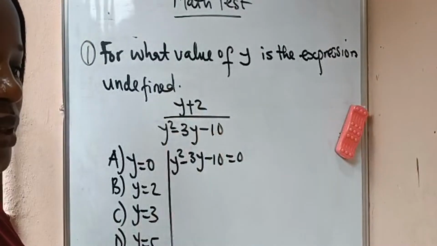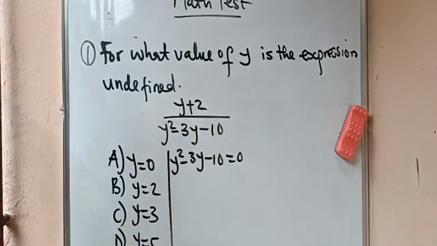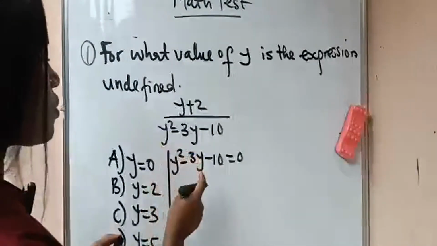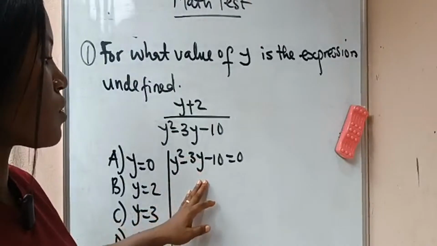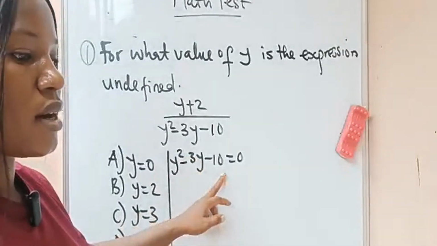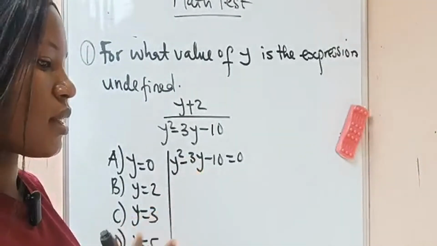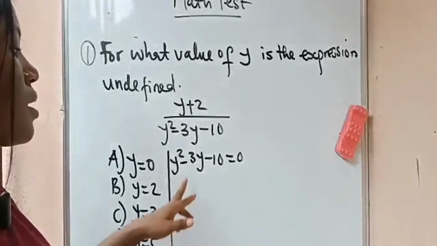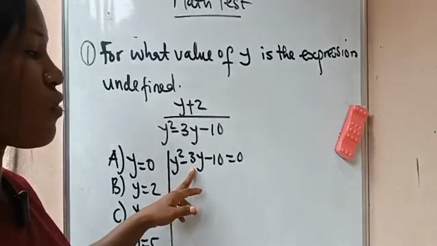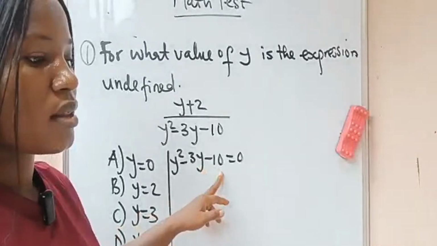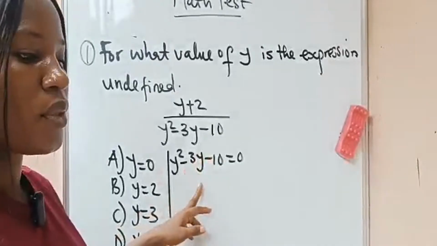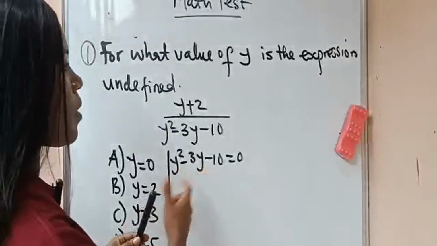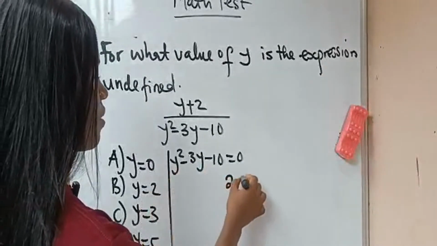Now, after doing that, the next thing will be to factorize this. So we need 2 factors of minus 10 that when we add them together, we will get minus 3. The factors of minus 10 are definitely 2 and 5.